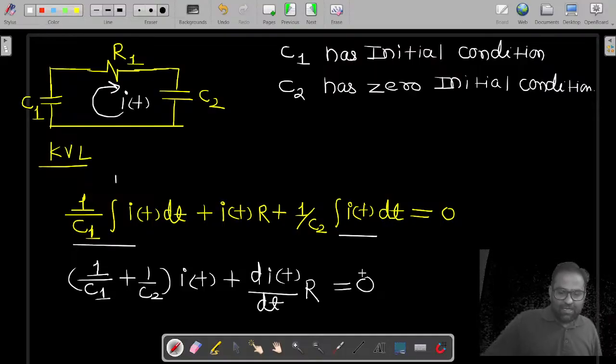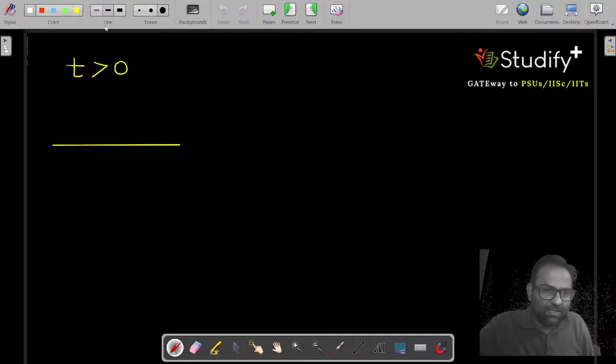And when I write the homogeneous differential equation, how does it look?